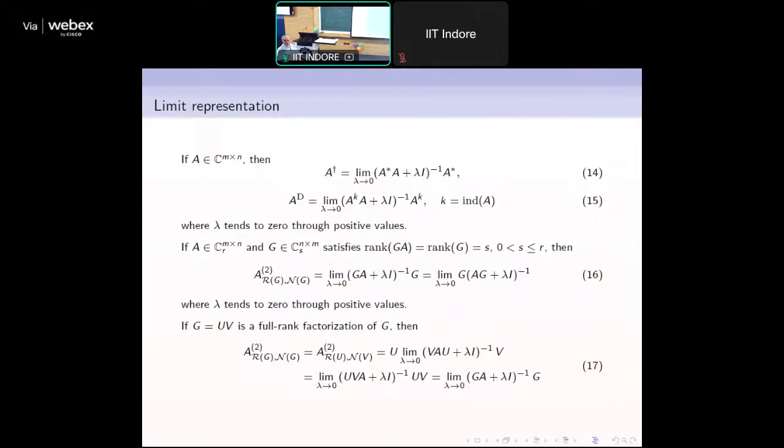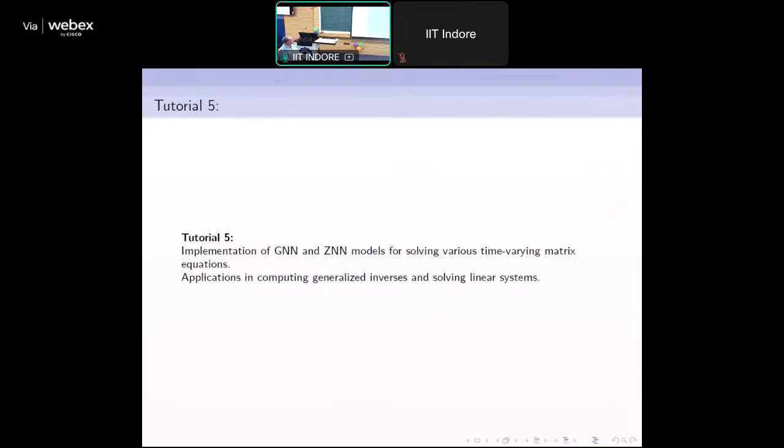I used this tool many times in my research. When I found a result about the Moore-Penrose inverse, I immediately had a result for the outer inverse.